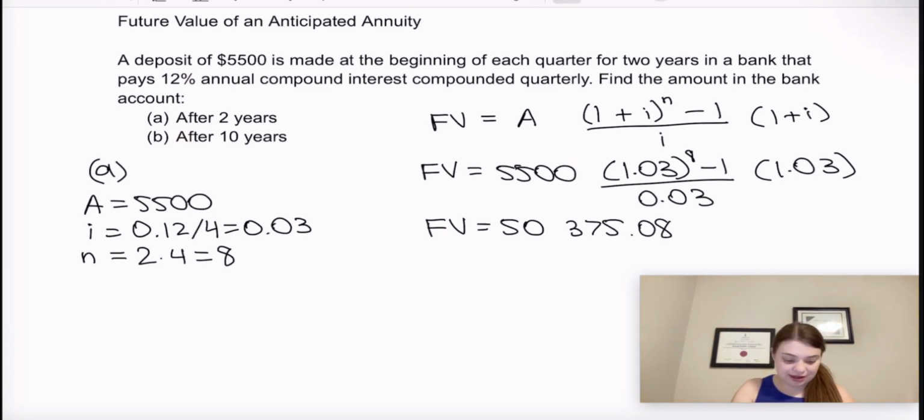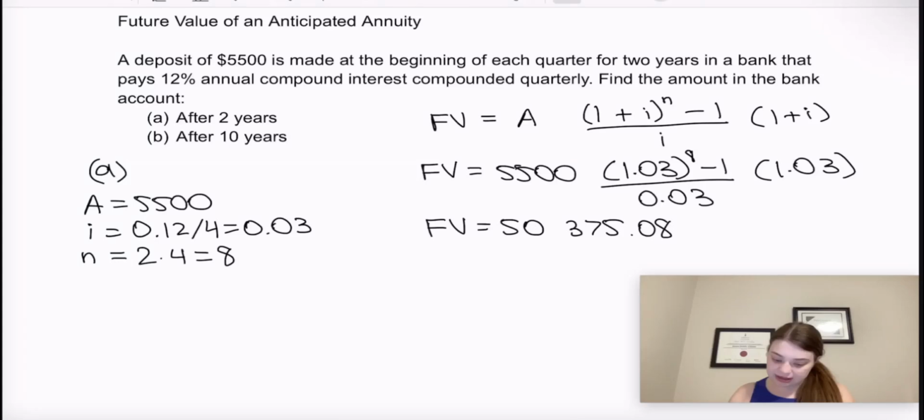And if we just do 5,500 times 8, we actually only paid 44,000 into that. And so the difference between that 44,000 that we paid in over the last 8 quarters or the last 2 years and 50,375 and 8 cents is because of that interest that's been compounding.